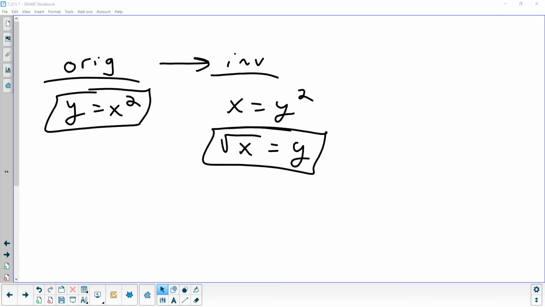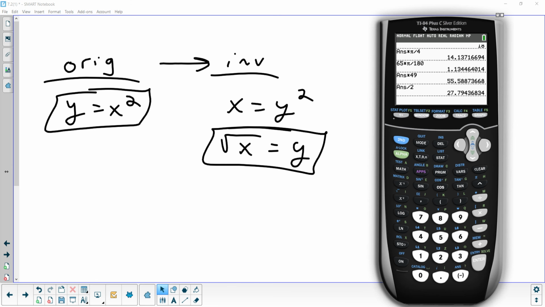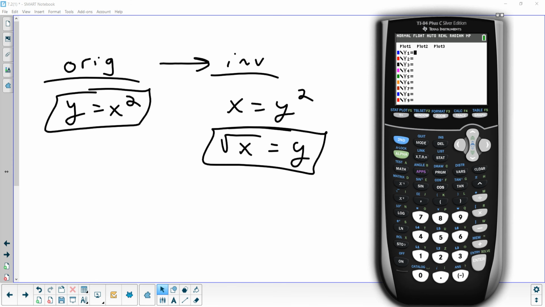So I just want to show you this on the calculator so you can see it. Let's type in y equals x squared, but I only want to look at part of the parabola. I don't want to look at the whole thing because I'm only looking at the positive square root. You know, there's always 2 square roots, but I'm only going to look at the positive one.